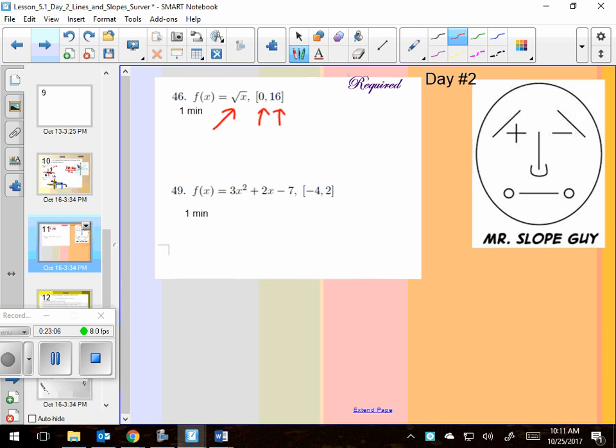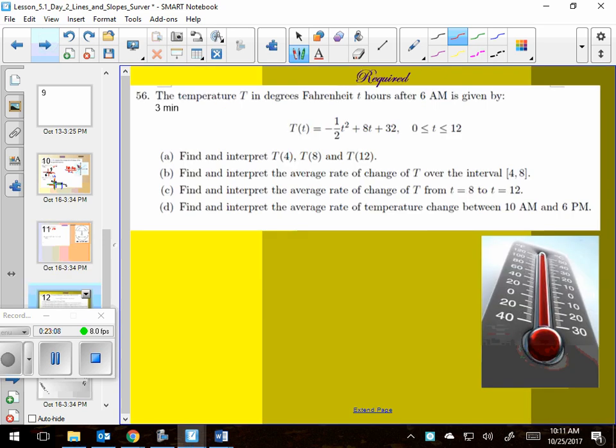All right. And then we have a word problem. And this one isn't revenue and profit and stuff. This is temperature in Fahrenheit, blank hours after 6 a.m. Basically, I can tell from this graph, they're saying temperature is going to fall. At least it's going to be an upside down kind of a thing.